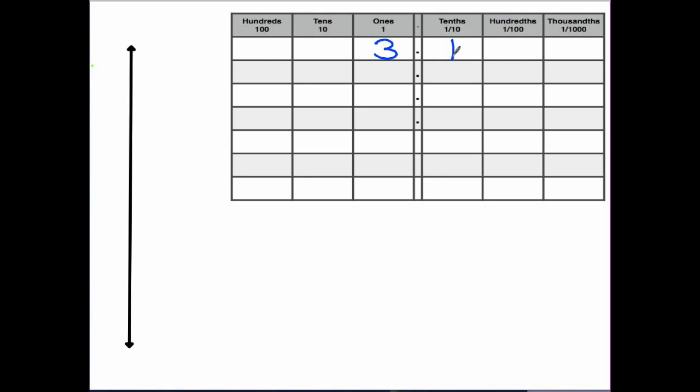How would I do that? You bring the 3 into the 1/10 place. Okay, you bring the 3 over to 1/10. And now we have 31 tenths, right?